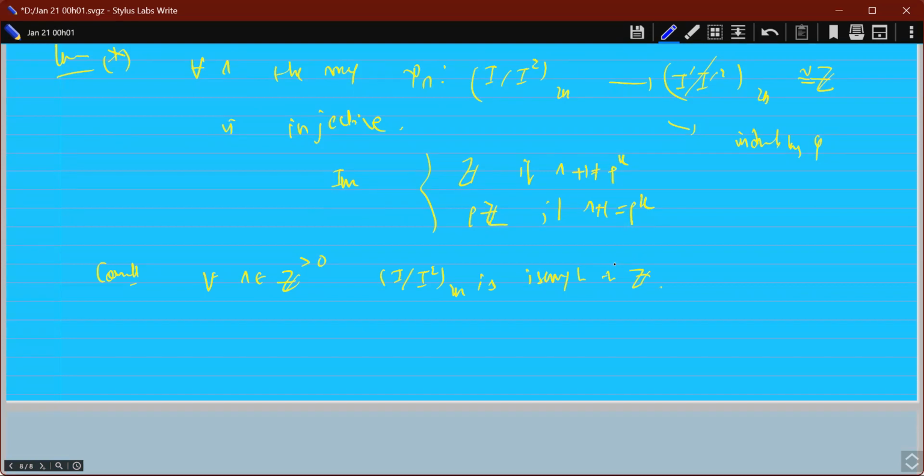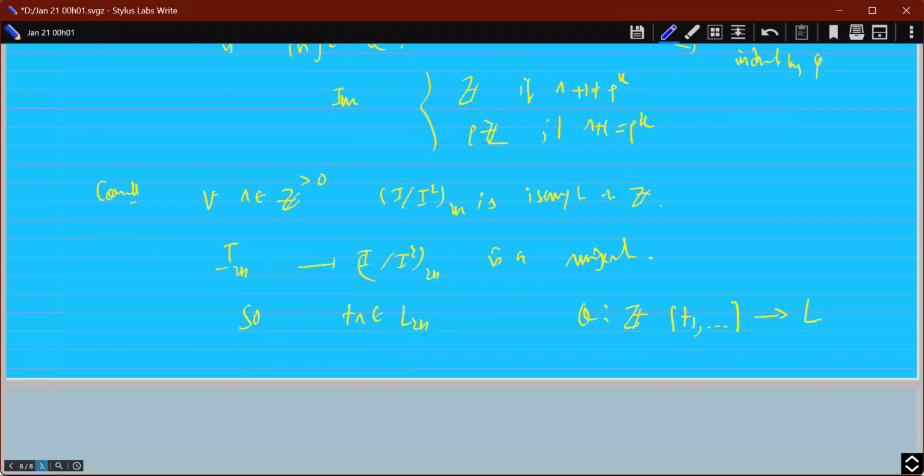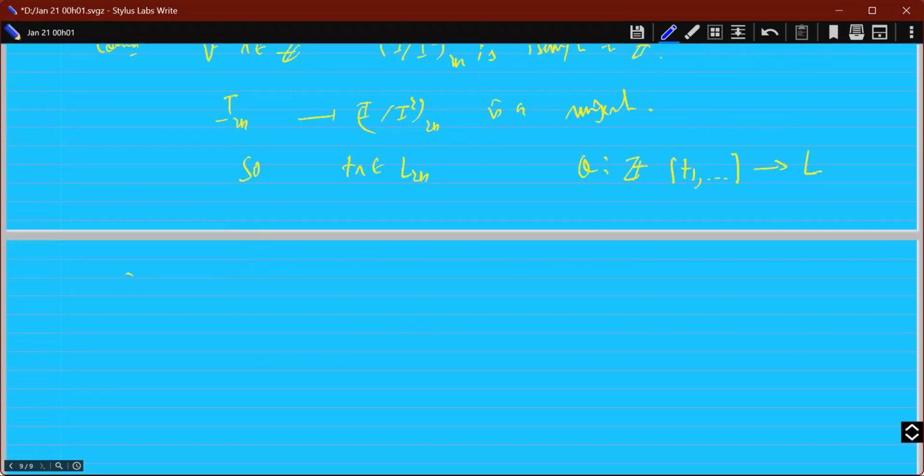And now this map that we have is a surjection, so we can lift the generators to Tn, and we get this map. I'm calling this theta.